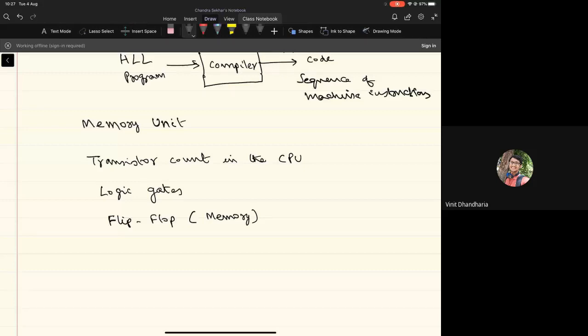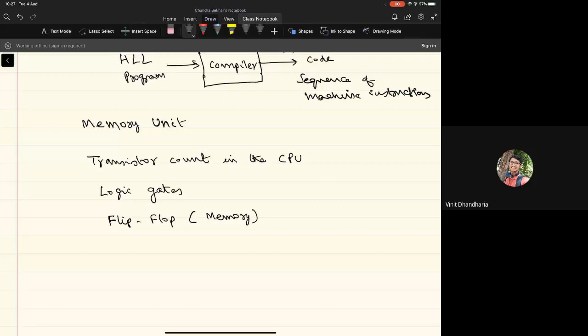And interestingly, these flip-flops are also built using the logic gates. And each of these logic gates is also built using the transistors, right? So typically, any part in the CPU we'll be looking at will finally be built using the circuit element called the transistors. And there are a variety of transistors available.